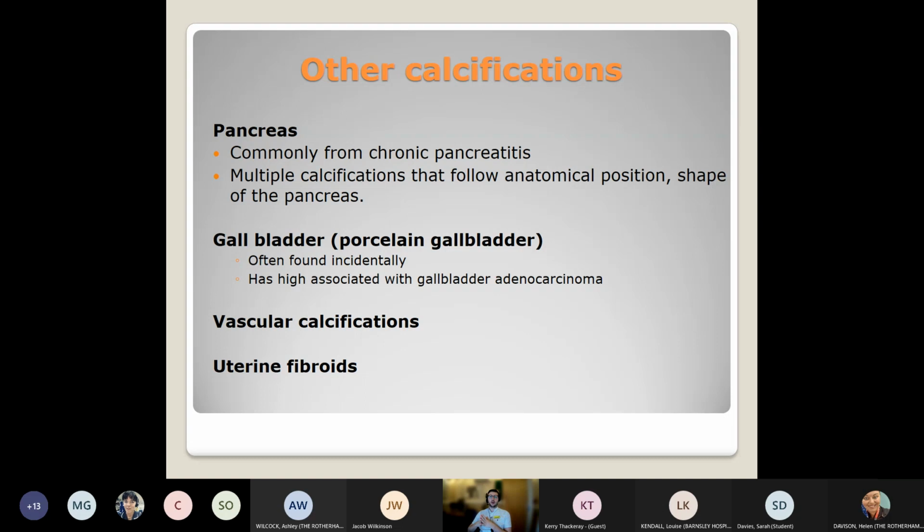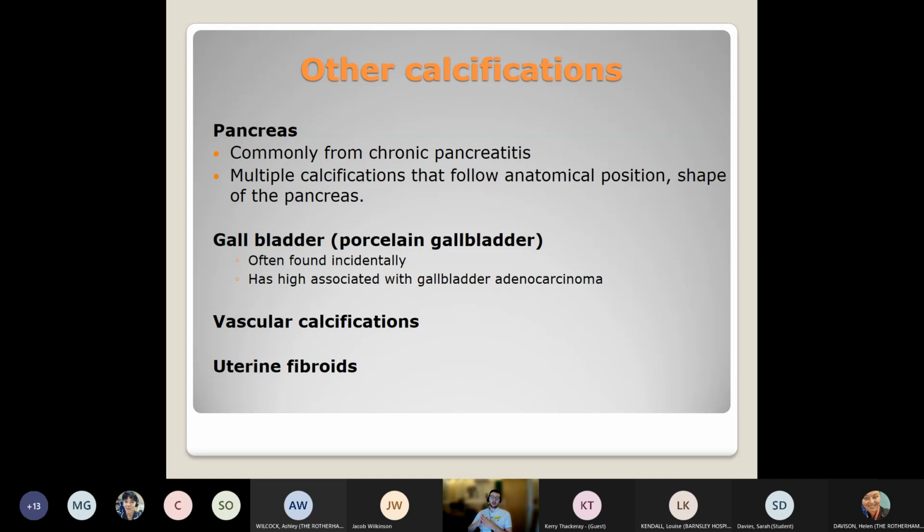And at surgery, when it's removed, it's got this blue sort of whitey appearance, like the old Chinese style blue and white porcelain. It's called a porcelain gallbladder for that reason. It's got a high risk of progressing to adenocarcinoma. So patients with this condition, although it's found incidentally, often they'll have that removed.